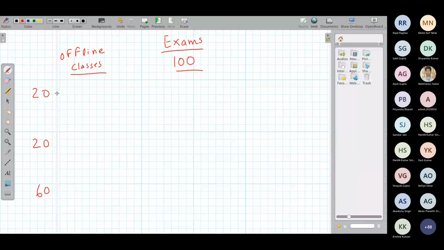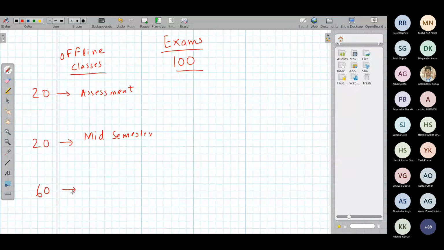So these 20 marks come from assessment. Okay. These 20 marks come from an exam. We call it mid-semester exam because it appears in the middle of the semester. Middle of the semester means roughly around after 2 months or 1.5 months.